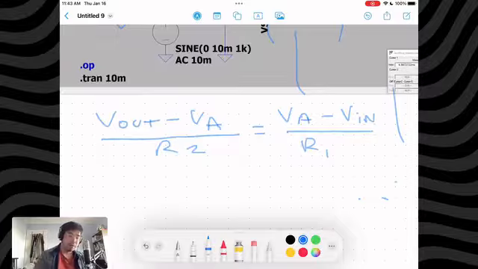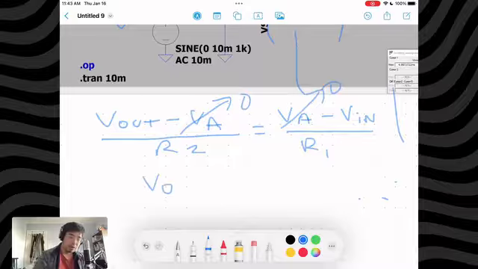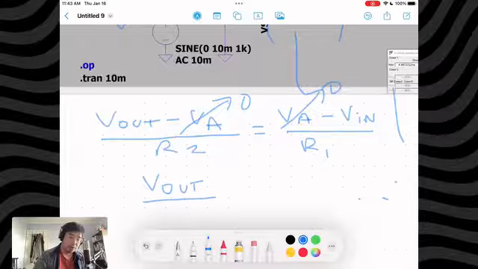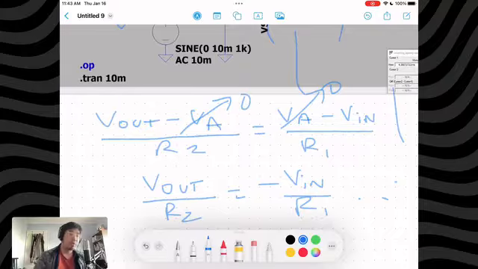So let's see. VA is going to be 0, so then you can say these terms go to 0. So it's V out over R2 is equal to minus V in over R1. Remember, we can do cross multiplication to get them on the same side.